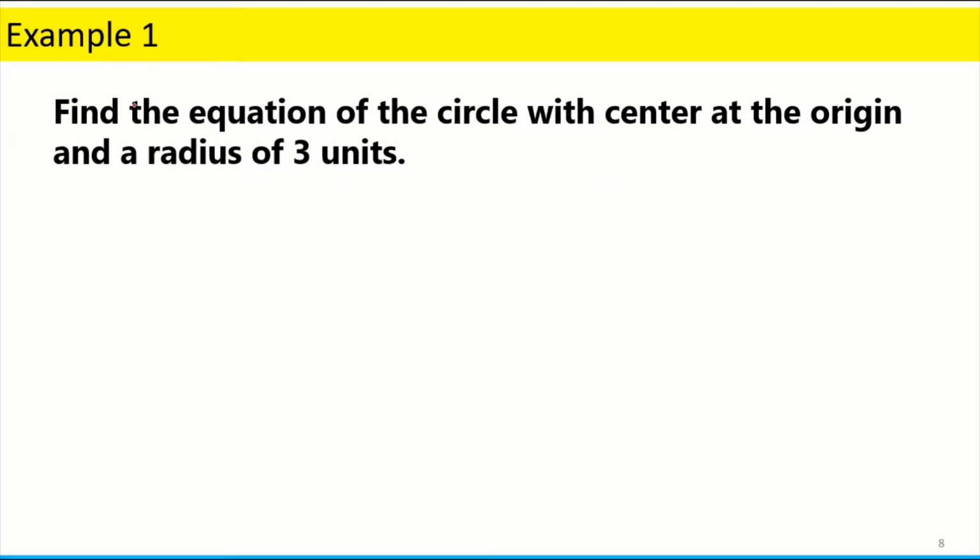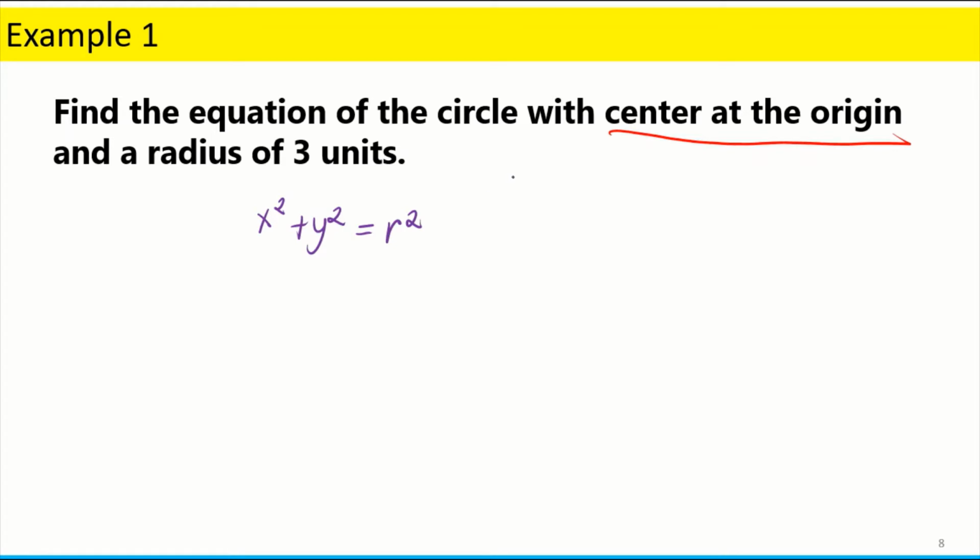Example number 1. Find the equation of a circle with the center at the origin and a radius of 3 units. Since the center of the circle is at the origin, we are going to use x² + y² = r². We have no problem with x² + y² since the center is at (0, 0), so we proceed with the radius of 3 units.